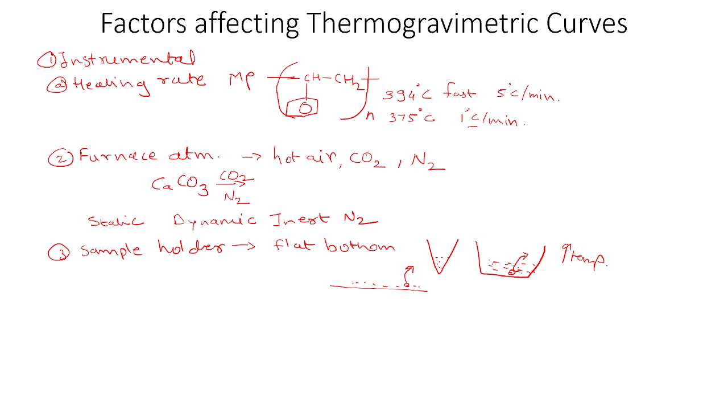Sample holders in the form of flat plates or crucibles are in use. Generally, a shallow dish is preferred to other shapes because it ensures more uniform heating and rapid exchange of gases between sample and surrounding atmosphere. So narrow types of sample holders are not useful.